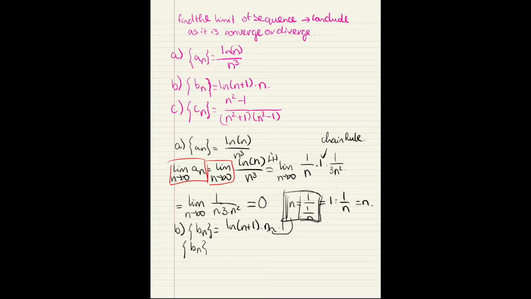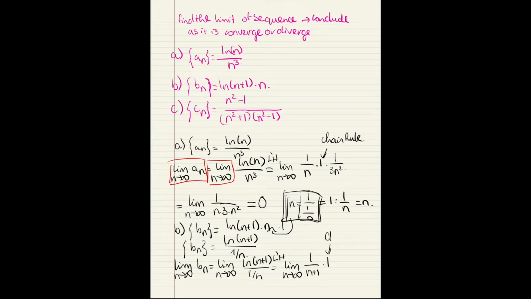So sequence b_n equal to ln of n plus 1 over 1 over n. Then we take limit of n to infinity of b_n equal to limit of n to infinity of ln of n plus 1 over 1 over n. By L'Hopital's rule, it equals limit of n to infinity of 1 over n plus 1 times 1.